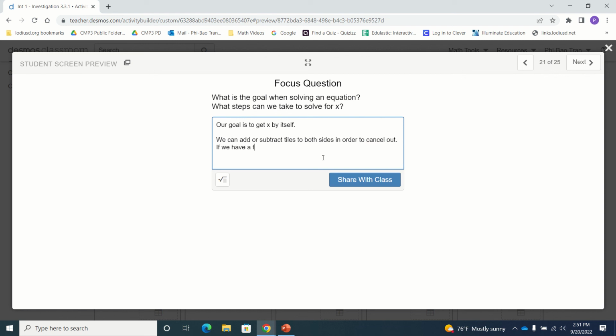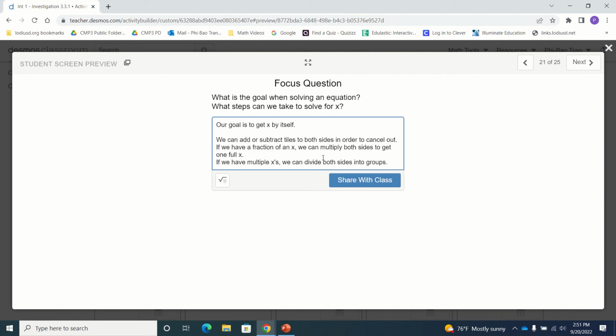If we have a fraction of an x, we can multiply both sides to get 1 full x. And if we have multiple x's, we can divide both sides into groups.